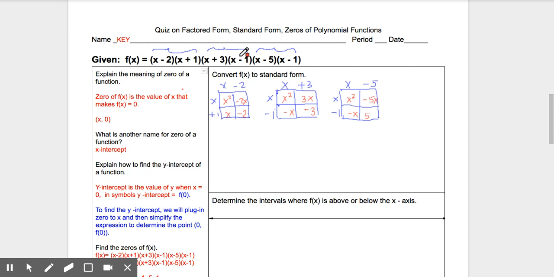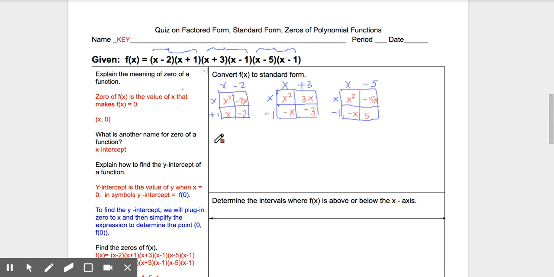Here we multiply these 3 pairs of binomials. And so now we will write the product of each pair of binomials.